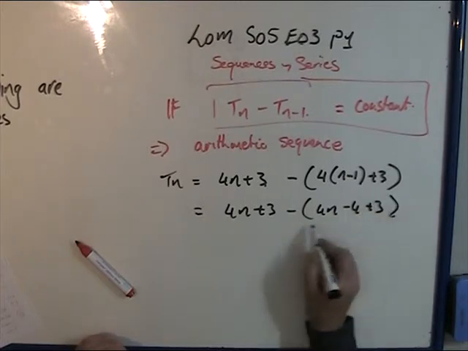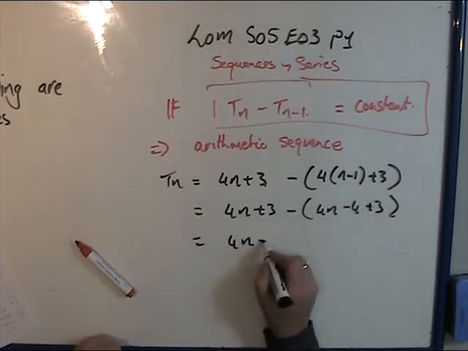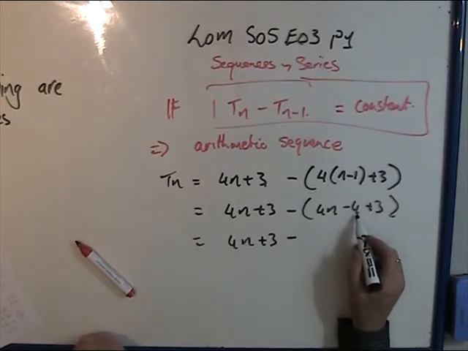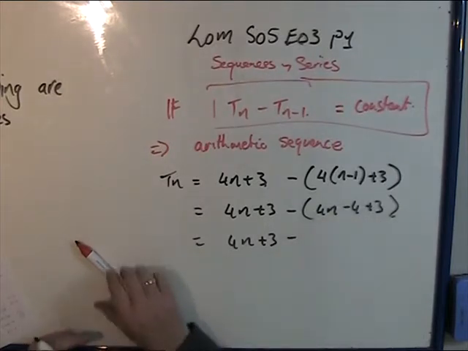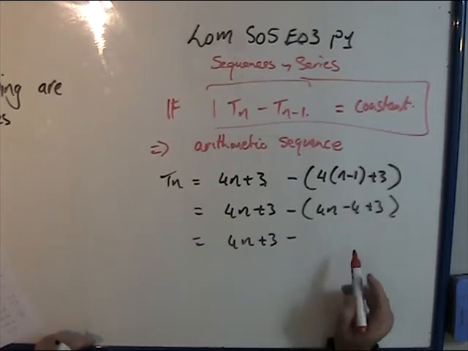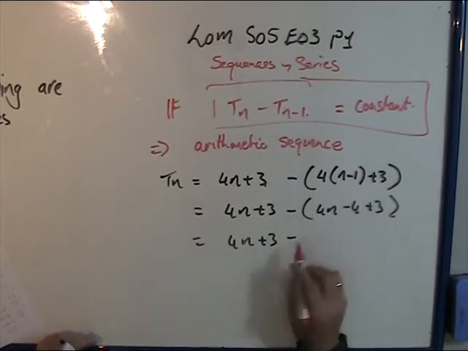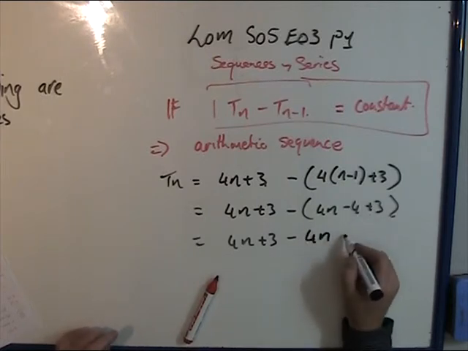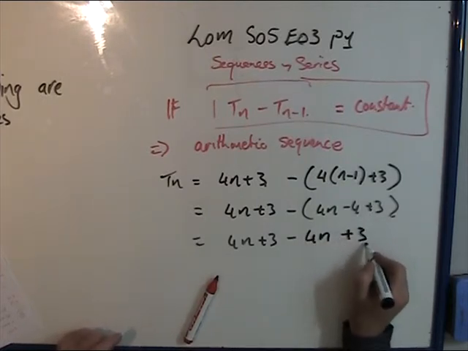So we break out the brackets: 4n plus 3, do what's inside the bracket, so it's 4 times n minus 1 inside this bracket, plus 3. Minus 4 plus 3 is minus 1, multiplying by a minus, you get minus 4n, so you get minus 4n plus 4 minus 3.